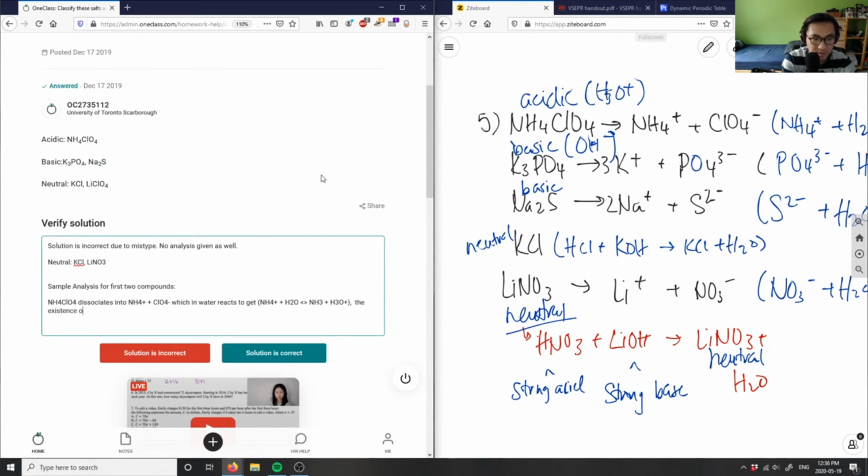The existence of hydronium ion means that the salt is slightly acidic.